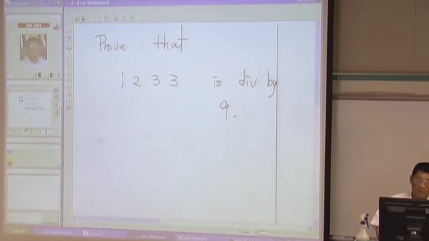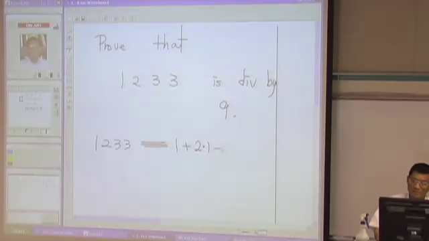Oh, 1,000 is congruent to 1, right? And then 2,000 is 2 times 1, right? 200, and then 30 is congruent to 3 times 1, and then 3 is congruent to 3. Then, if you add these things, 9.